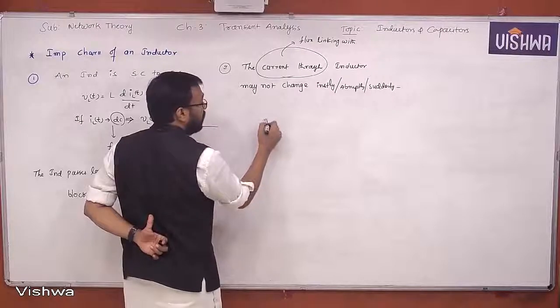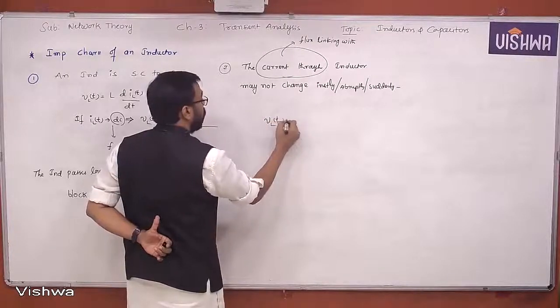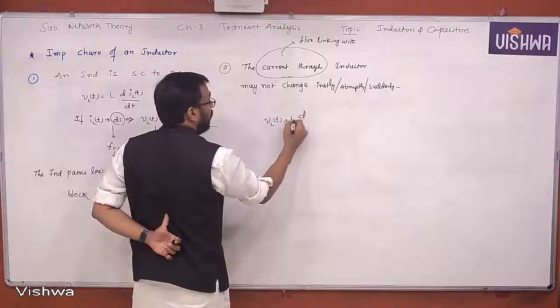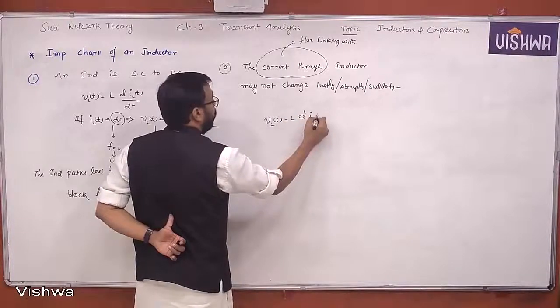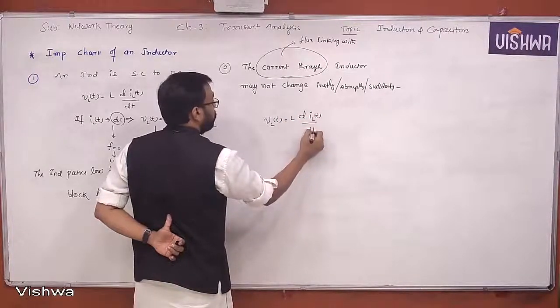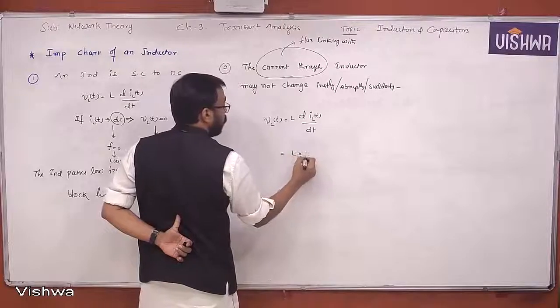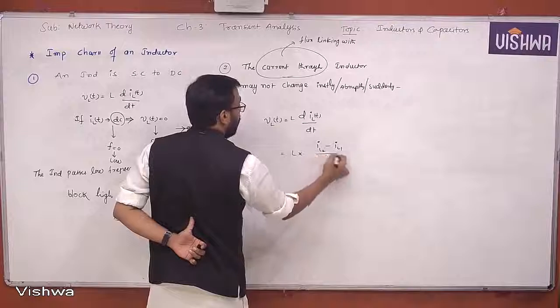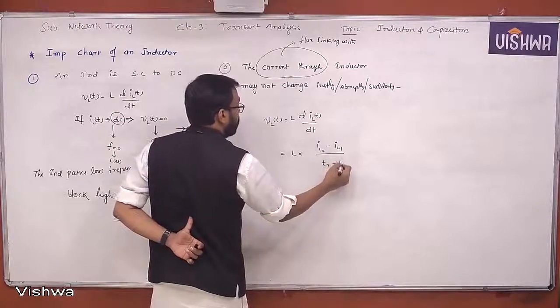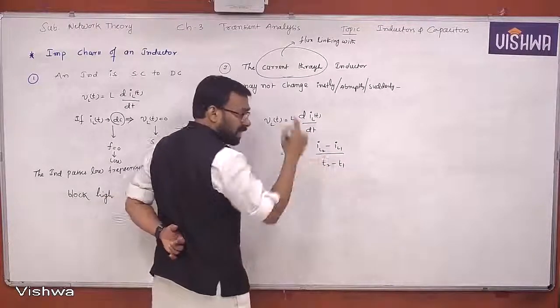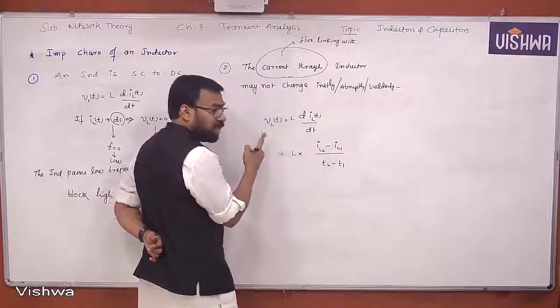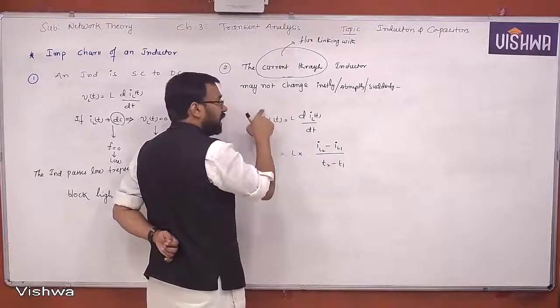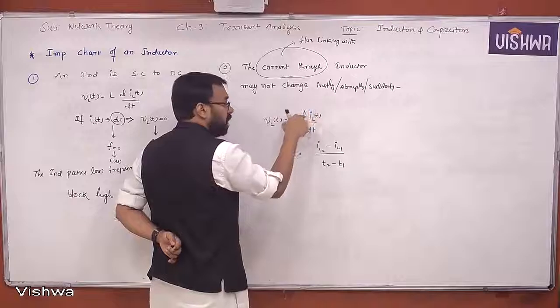So V is equal to VL of t is equal to L d IL of t by dt. Now let me write L into (IL2 minus IL1) by (T2 minus T1). Just like in the case of capacitors, can I write the expression like this or not? There we have written IC of t is equal to C dVc of t by dt.